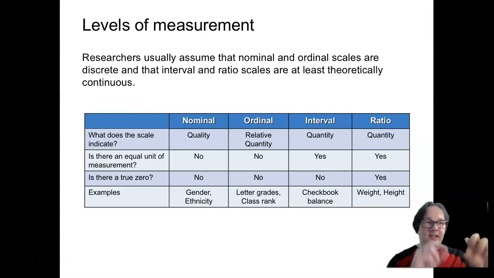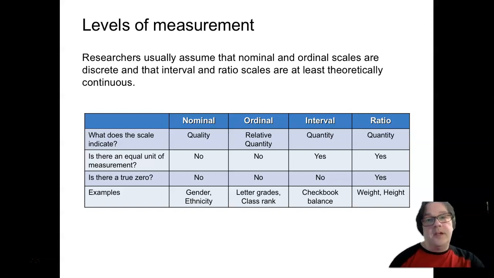So there's still a categorical component to them. Is there an equal unit of measurement? No, right? The difference between an A or first place and second place is not necessarily the difference between second place and third place, or third place and fourth place, and so on and so forth.